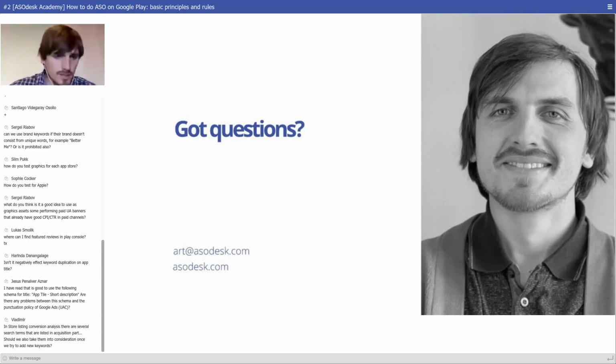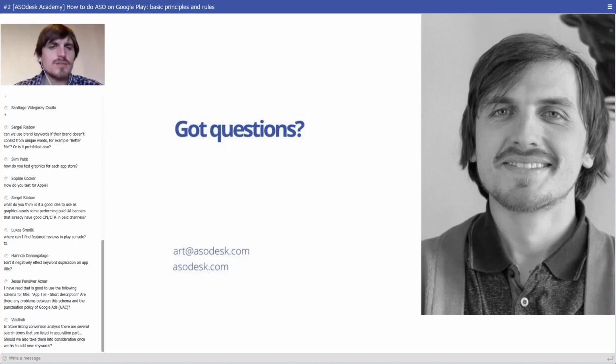I have Jesus Pedalver Aznar. I have read that it's good to use the following schema for the title: app title, short description. Are there any problems between this schema and the punctuation policy of Google Ads? Jesus, I'm not quite sure I understand your question well.